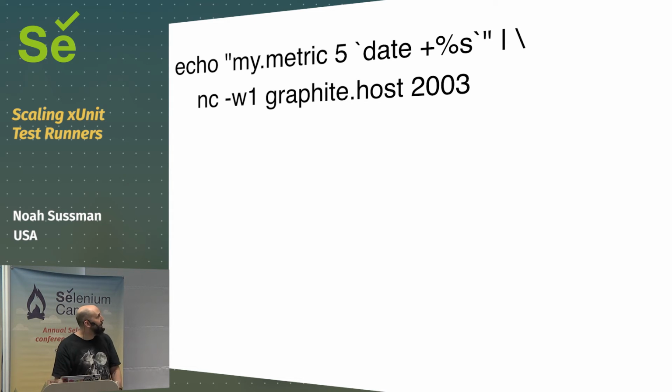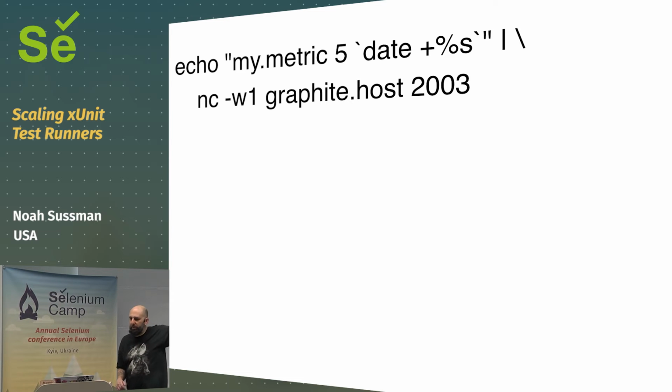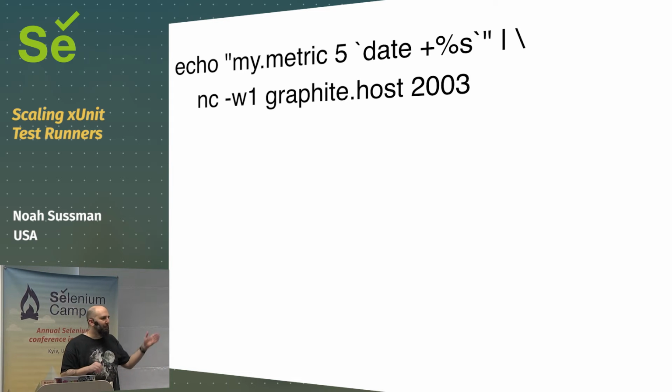One of the neat things about Graphite is, I'm sending a metric called my.metric. Graphite metrics are like a file system, but they're delimited by dots instead of slashes. The cool thing about Graphite and about RRD tools in general is that they'll create the metric for you if it's not already there. So there's no configuration on the server side. If you want to start sending a metric called model.coverage, you just start sending that, and Graphite will show it to you, and then you can make a graph.